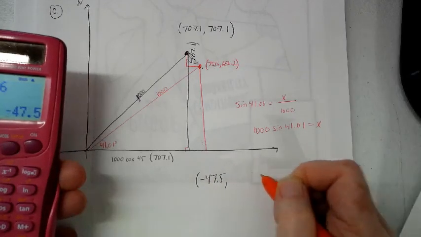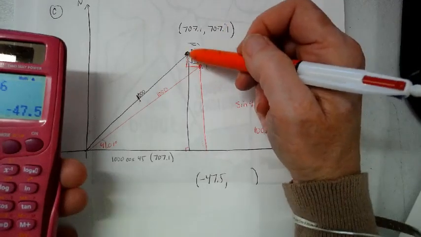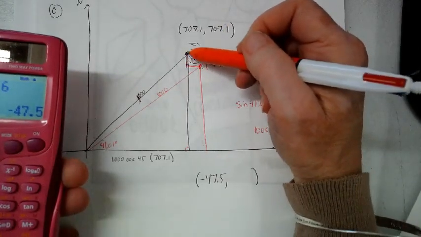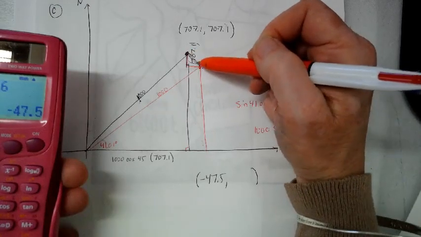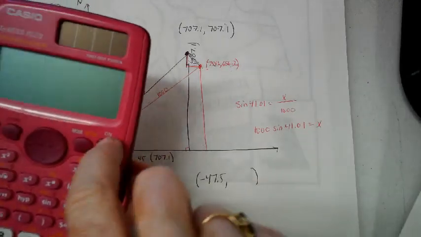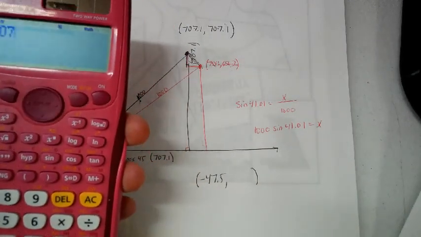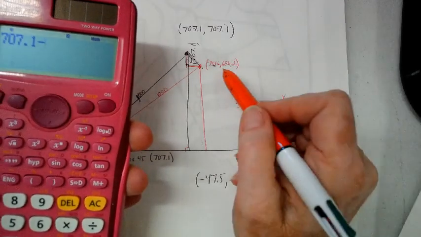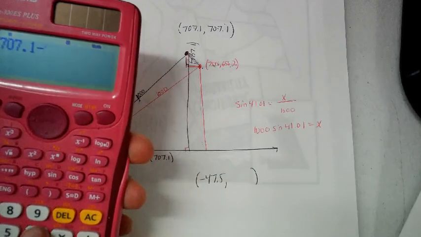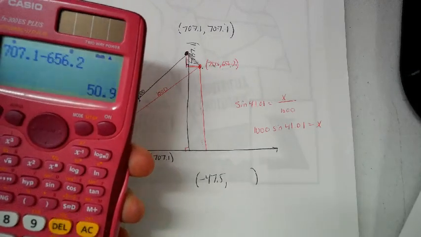And then if I subtract the y values, I'm doing that so I can get these little sides of this right triangle, and then I can use the Pythagorean theorem to get this little teeny hypotenuse right here. I want that distance right there. So let's try 707.1 minus this little number, 656.2. That gives me about 50.9.